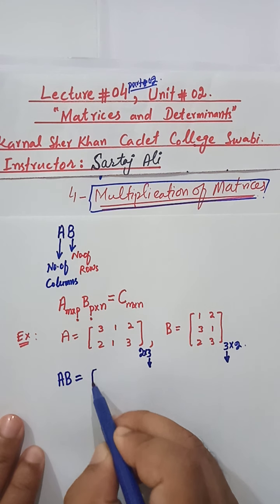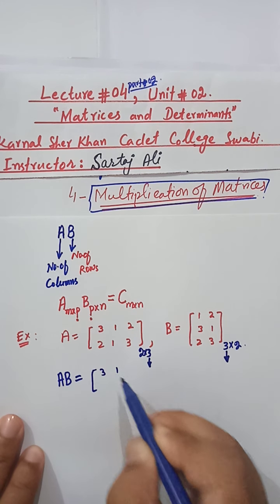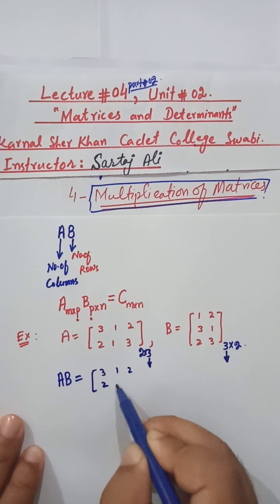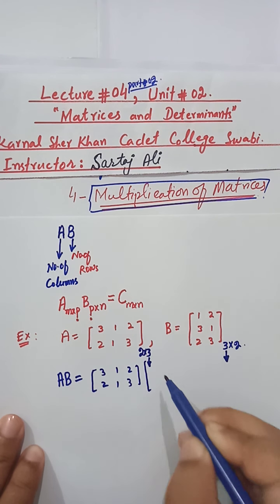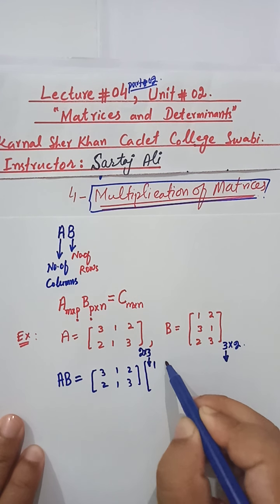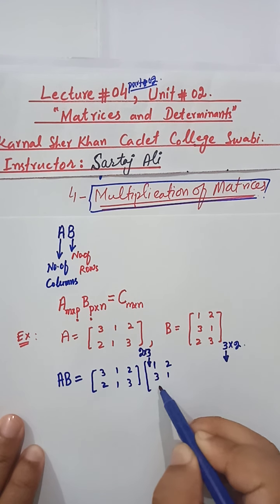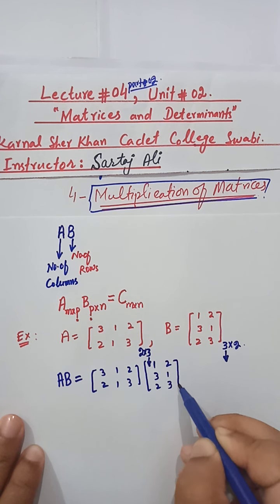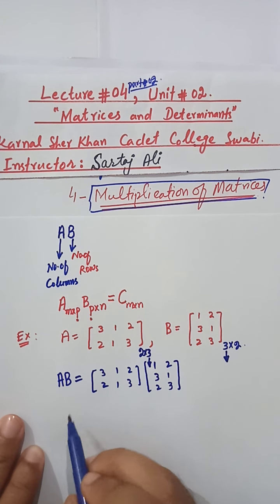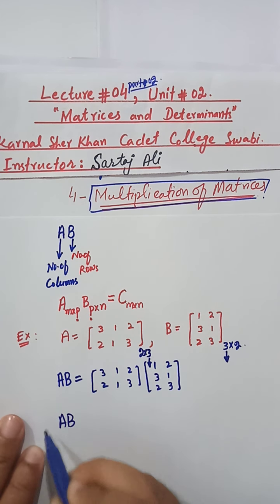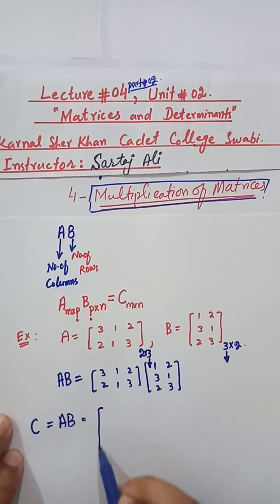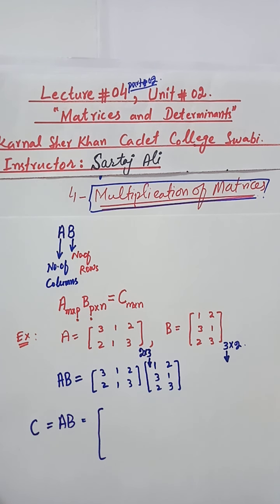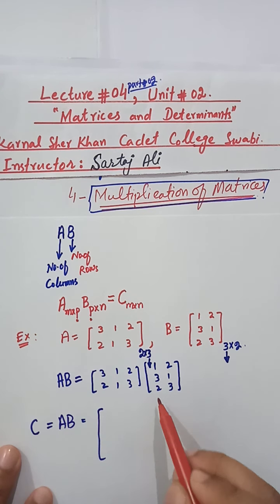Now how can you find the product? You need to multiply the rows of the first matrix with the columns of the second matrix one by one. From this product you get matrix C. In this case you will multiply the first row with the first column.